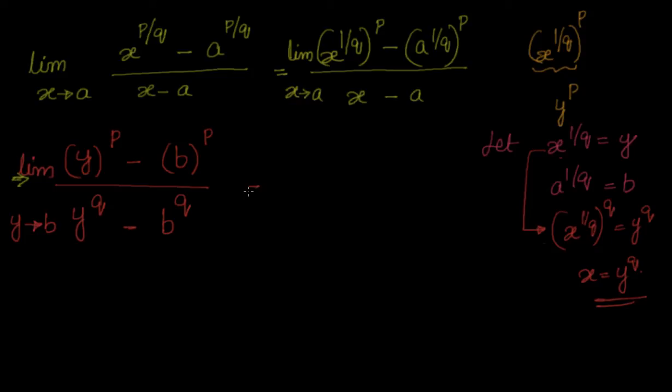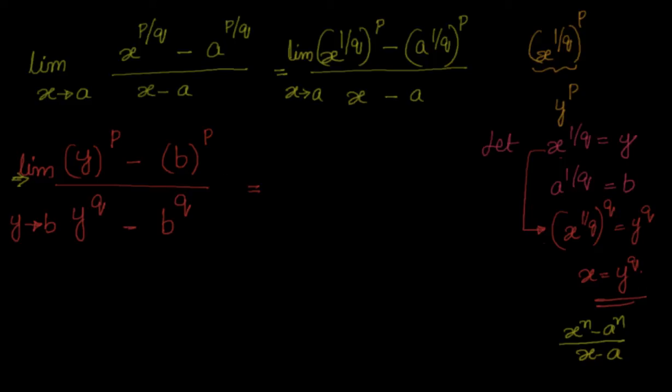Now if you observe, the numerator is in the form of x to the power of n minus a to the power of n without x minus a. We don't have x minus a, but we have x to the power of n minus a to the power of n. Similarly, in the denominator also, again it is in the form of x to the power of n minus a to the power of n, and you can see for both of them the x minus a is equal to y minus b.